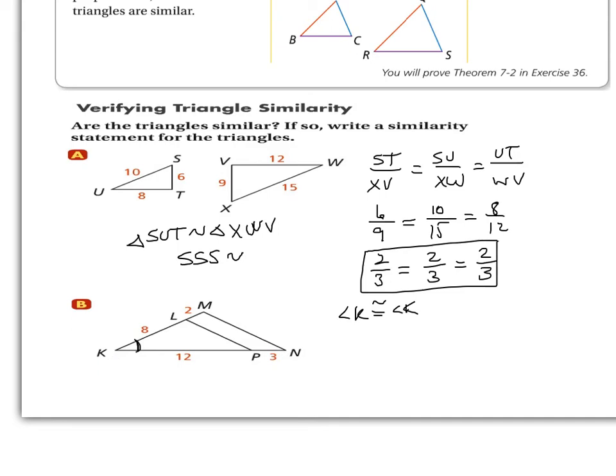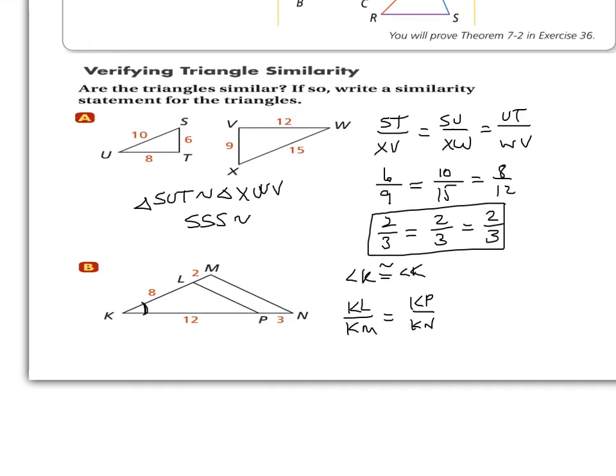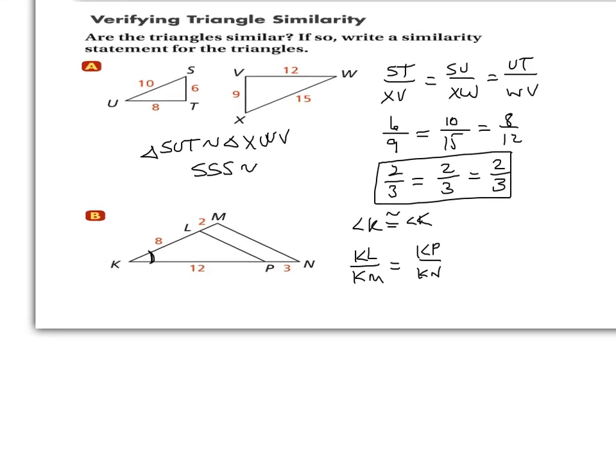All right, so I'm going to go small over large. So I'm going to go KL over KM has to be equal to KP over KN. Now they only give you two sides, and that's okay. They don't have to give you all of them. So KL in this case is 8.